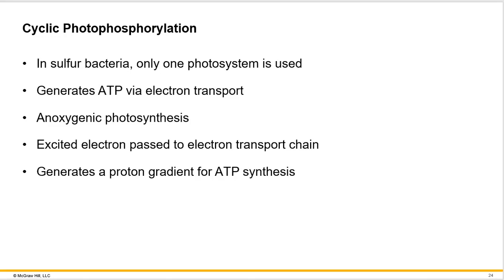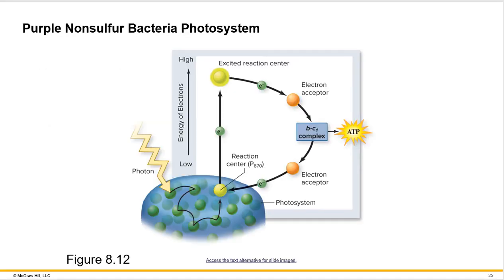So cyclic photophosphorylation, and we're going to look at non-cyclic too, but in cyclic photophosphorylation, you have a photon come down, excite electrons, they get passed to the reaction center, and then to an electron acceptor, where the electron releases its energy.